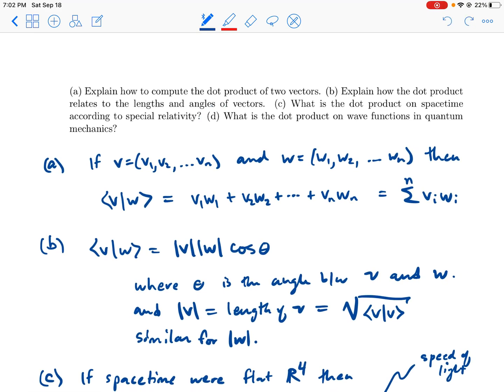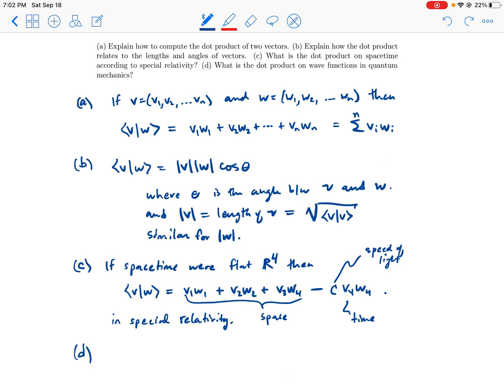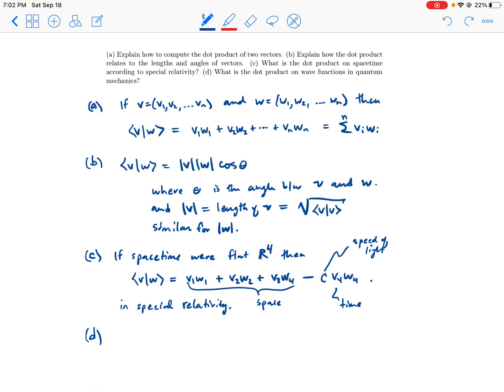D. What is the dot product on wave functions in quantum mechanics? Okay, so again, I'm not seriously asking you. I just want to show you that the dot product can be changed a little bit, and you get some interesting stuff.